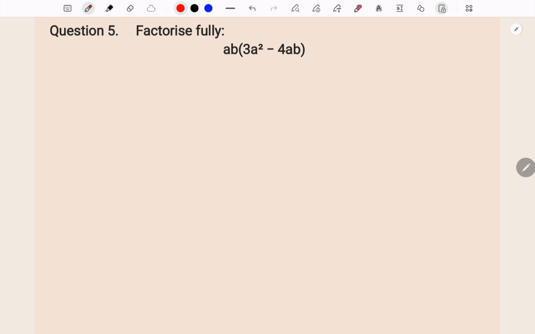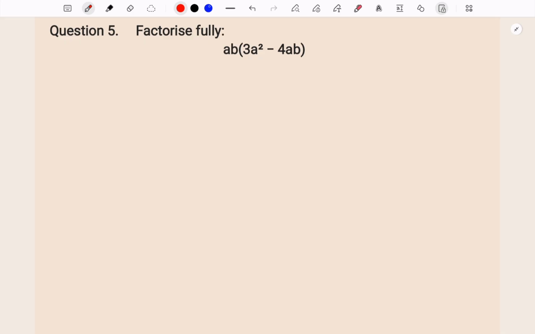Moving on to the next question. Here, by looking at the brackets, one may think that it is already factorized. But if we inspect the expression inside the bracket, we will find that it is not completely factorized, and we can still factor some terms out.